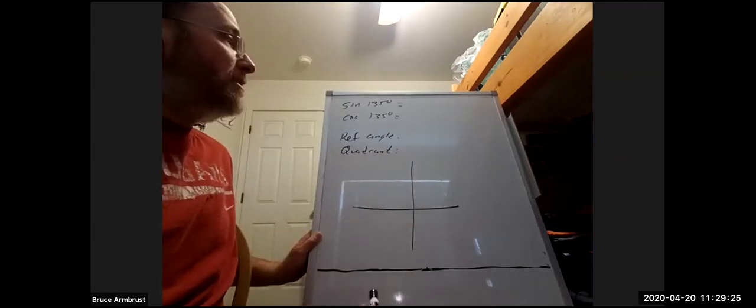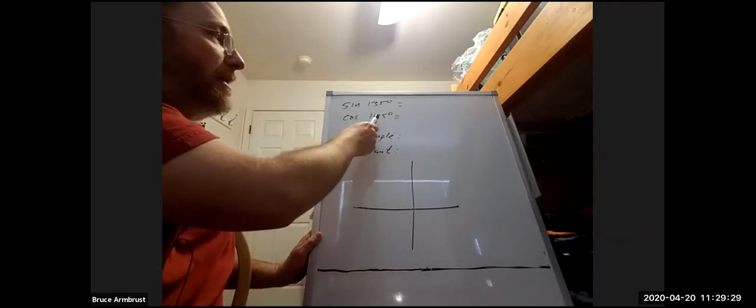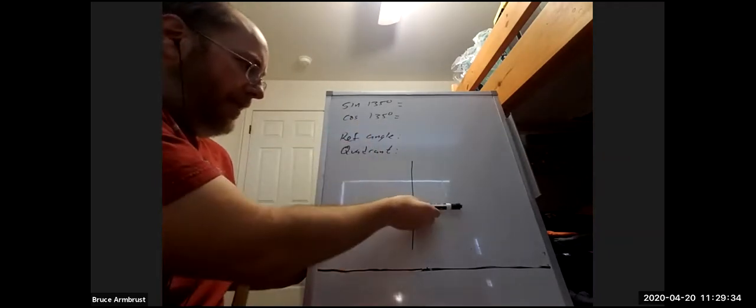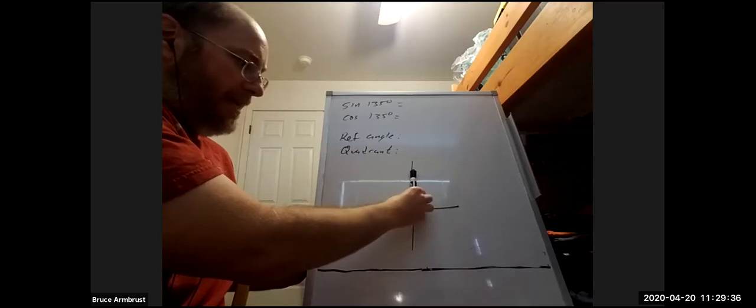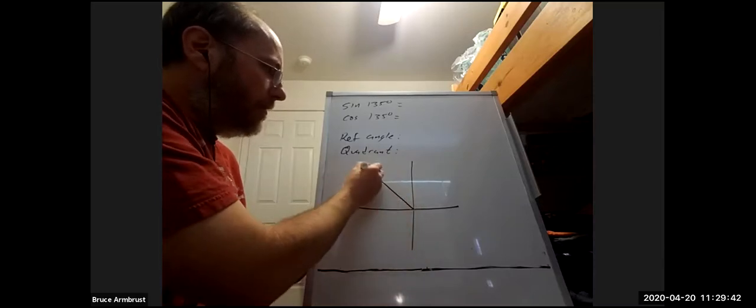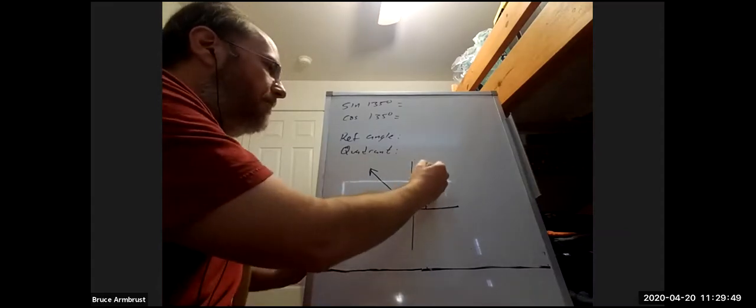And so the question is where? Well, if we just look at the difference between 90 and this angle, 135 minus 90 is 45. So we have to do 90 and another 45, which brings us halfway from the positive y to the negative x. So there's our angle.